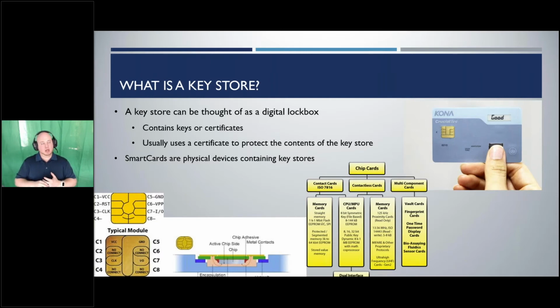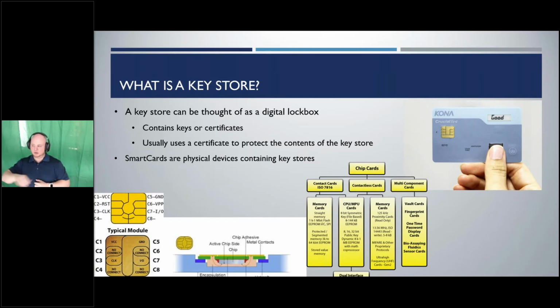What smart cards have typically been used for, you may have seen DoD cards floating around, those are smart cards. What they typically have is a certificate store that contains a bunch of different certificates inside of it, with a mechanism to authenticate to that key store so that you can get at the content inside of it.